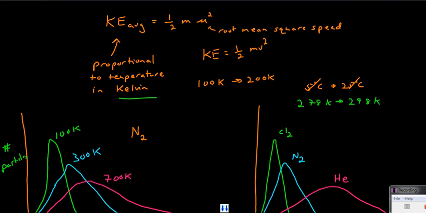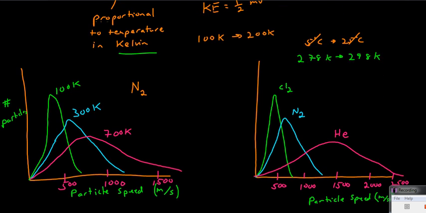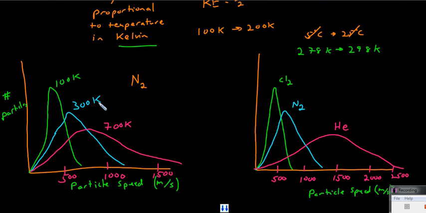All right, so it turns out then that the higher the temperature, the greater the average speed of your particles. So, for example, taking a look at nitrogen, in green here you see that at 100 Kelvin, some of your particles move very slowly. Some particles move very quickly, but most particles move around that average speed.